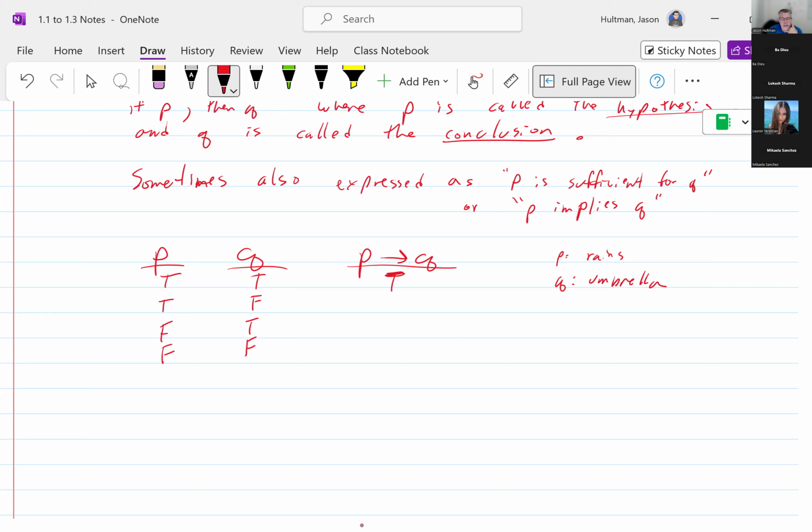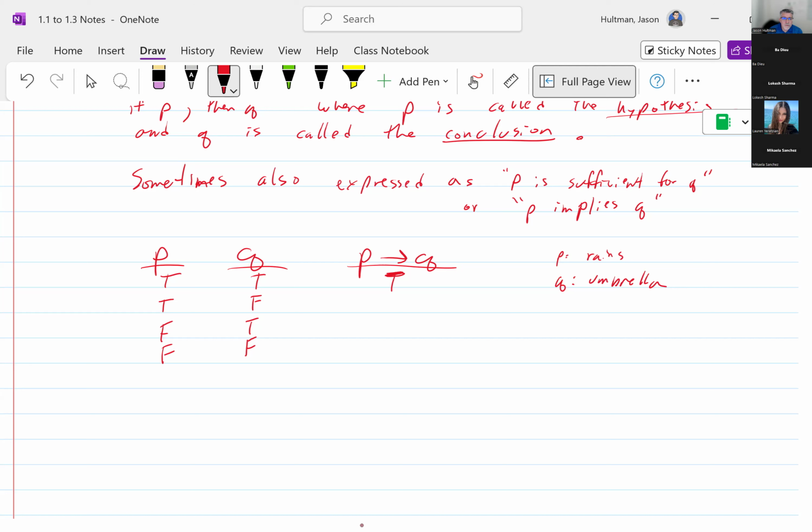What about T implies false? If it rains, am I going to have an umbrella or not? Well, I'm going to have an umbrella. If it rains, I'm going to have an umbrella.